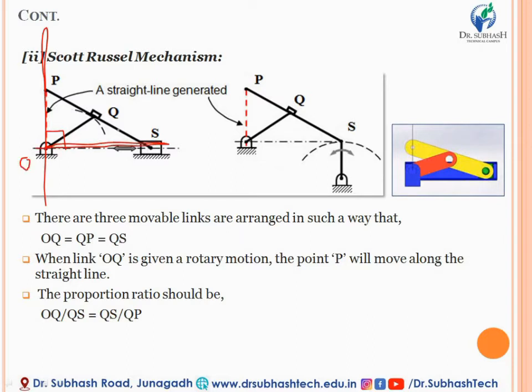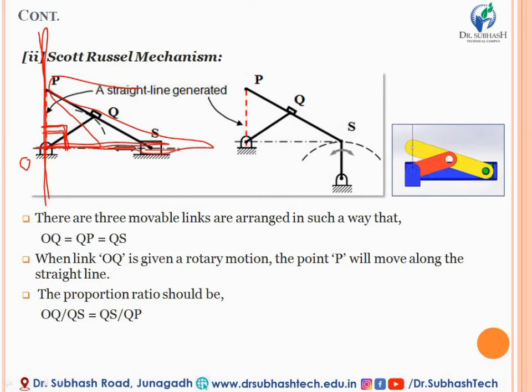So the link S will always have a perpendicular relation with respect to this axis. So ultimately, for any position of point P which is generating the straight line, it will always have a perpendicular relation, or 90 degree angle, with respect to the line OS or link OS.